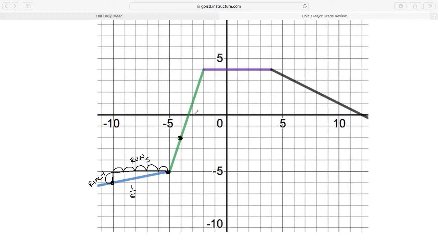Okay, what would 2/6 reduce into? 1/3. Make sure you're doing rise over run. Rise over run. So rise over run would be 6/2. So that would reduce into 3. So I'm going to choose these 2 points. So my rise is 3. My run is 1. So it's 3/1 or just 3.